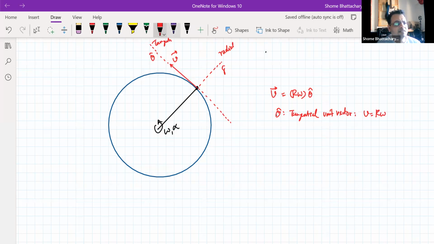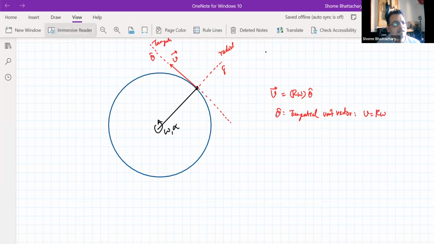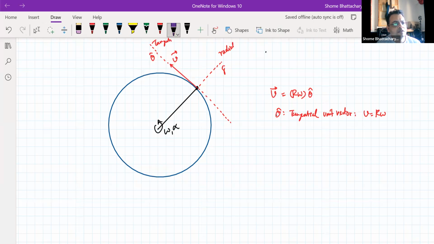Okay, now what about the acceleration? So in general, the acceleration will have two components, centripetal and tangential. The centripetal component is responsible for turning the direction of velocity, whereas the tangential is responsible for changing the magnitude, if that is happening. So generally, the acceleration vector consists of two components like this, the tangential component and the centripetal component.